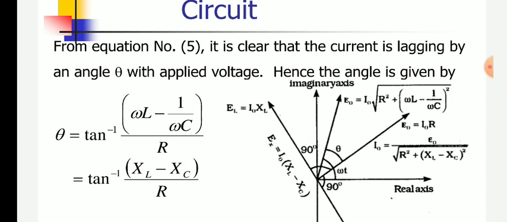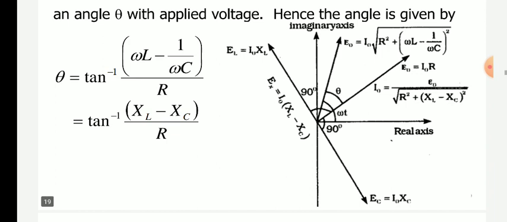Hence, the angle is given by theta is equal to tan inverse of (XL minus XC) whole divided by R. So, the current, voltage across inductance, voltage across capacitance, voltage across resistance and their directions, and the total current flowing through the circuit, its magnitude and direction, are represented by the figure which is shown.